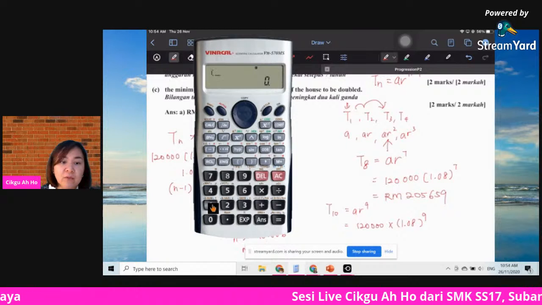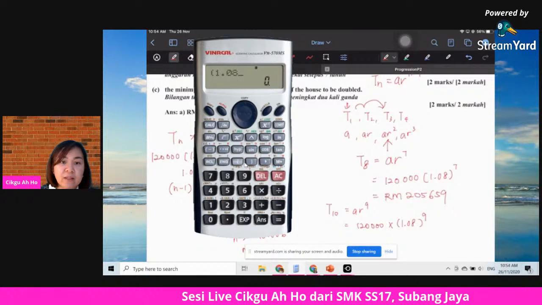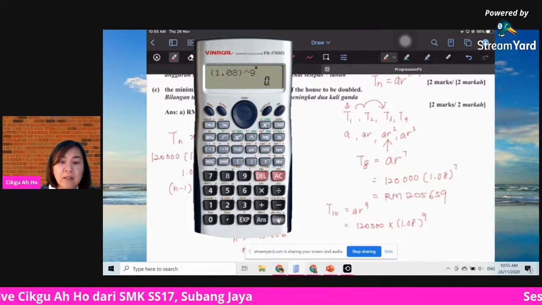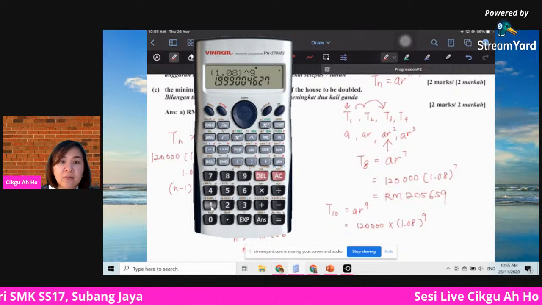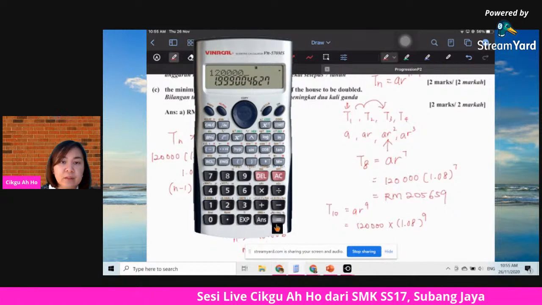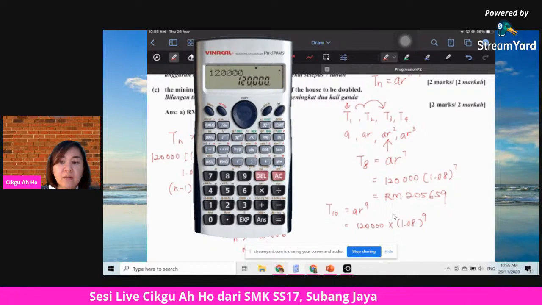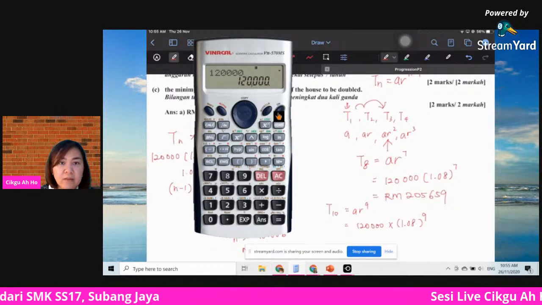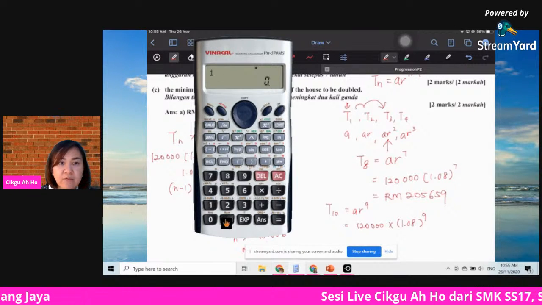So no problem. You just double check with your calculator. Okay, power 9, times your 120,000. So this one, you get what? 120. Is it correct? Same value. Must be something wrong somewhere.